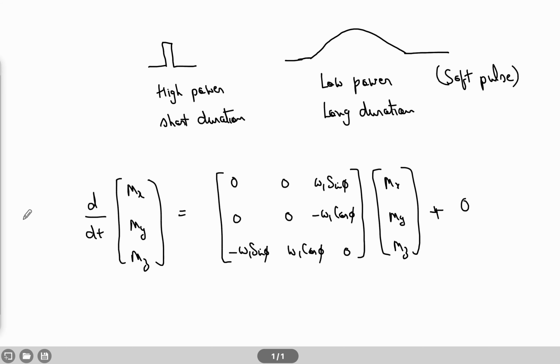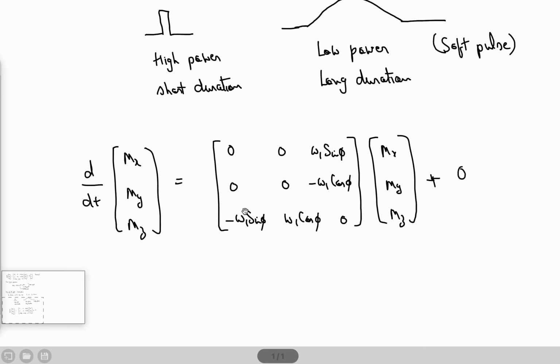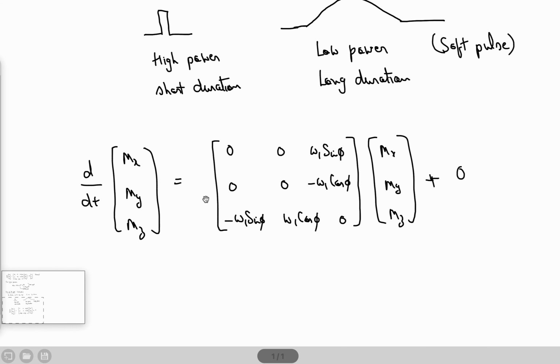Now, a typical solution for these kinds of equations. We are not explicitly solving the Bloch equations here. You can go back and look at a few research articles where these equations have been explicitly solved, both numerically and analytically.